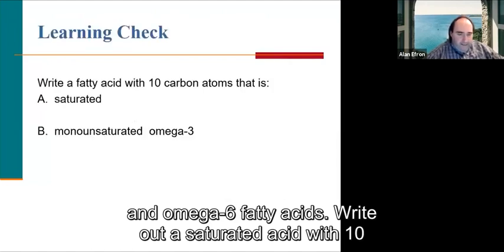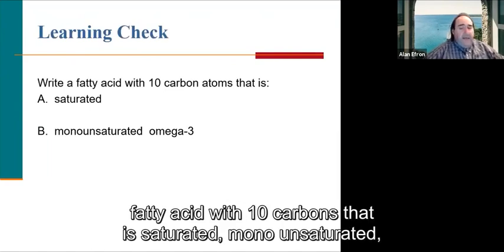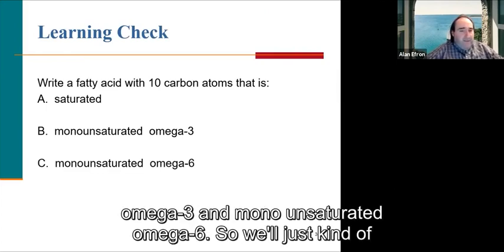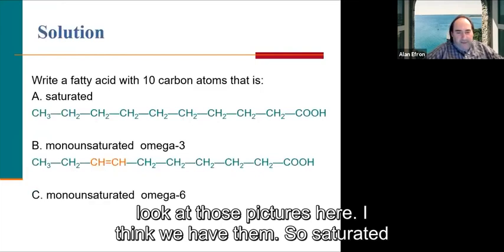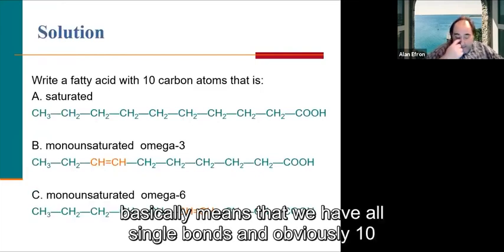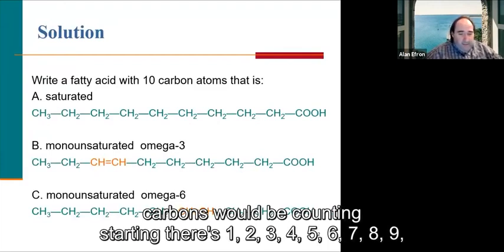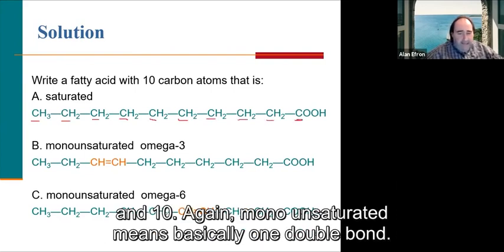Write out a fatty acid with 10 carbons that is saturated, monounsaturated omega-3, and monounsaturated omega-6. So we'll just look at those pictures here. I think we have them. Saturated basically means that we have all single bonds, and obviously 10 carbons would be counting 1, 2, 3, 4, 5, 6, 7, 8, 9, and 10.